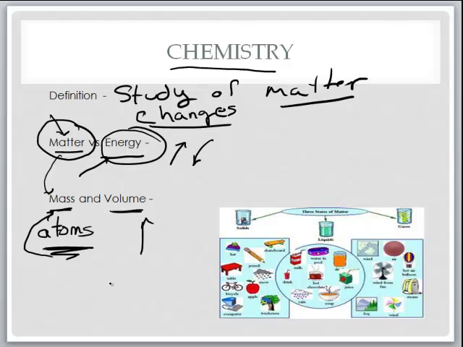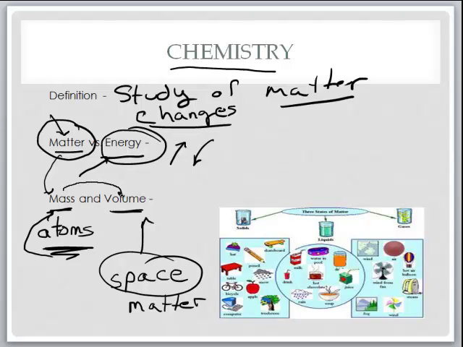Volume, then, is anything that takes up space and has or contains matter and takes up space. So as we're talking about mass, we will be talking about a few things. Number one, what its actual mass is, but then also how much volume it takes up.